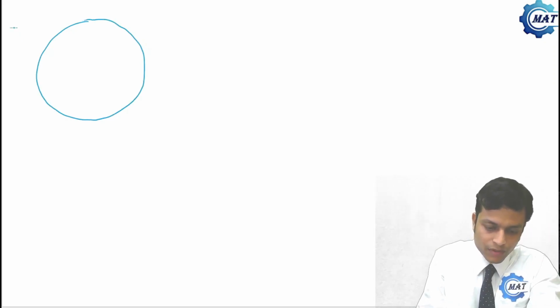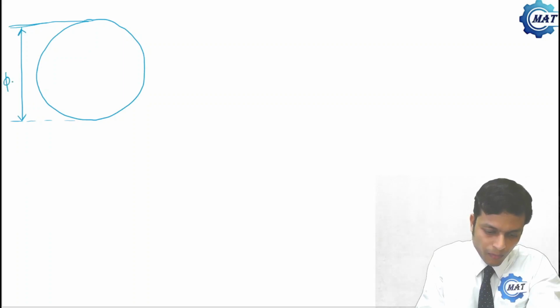So this is the shaft with diameter D, and this is the shear stress distribution.